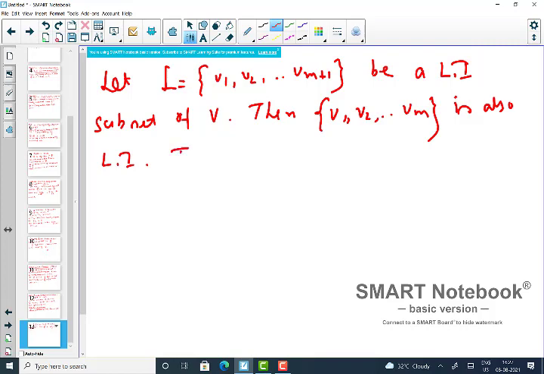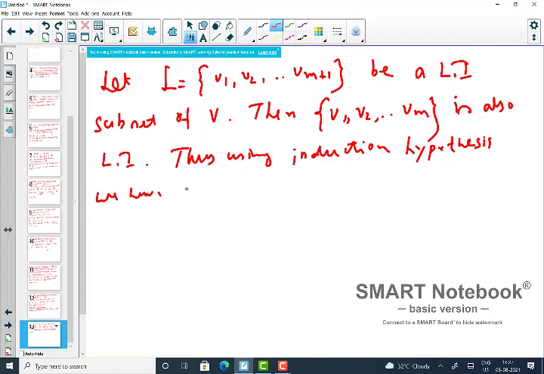So thus, using the induction hypothesis, what do we have? We have m less than or equal to n, and you have another set containing n minus m many elements.